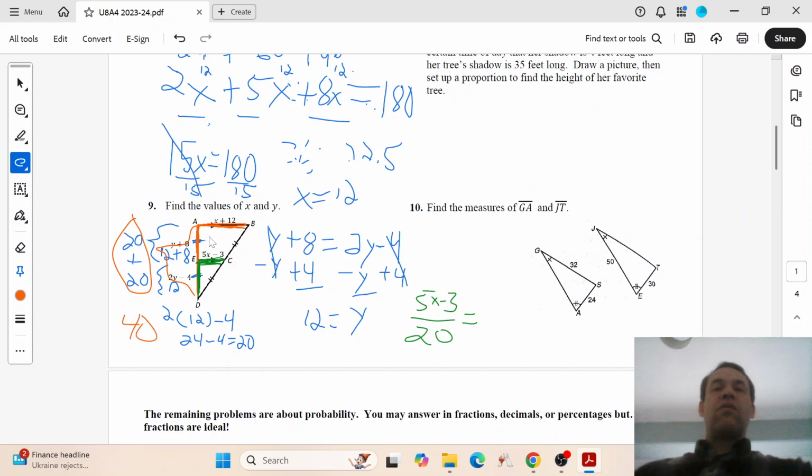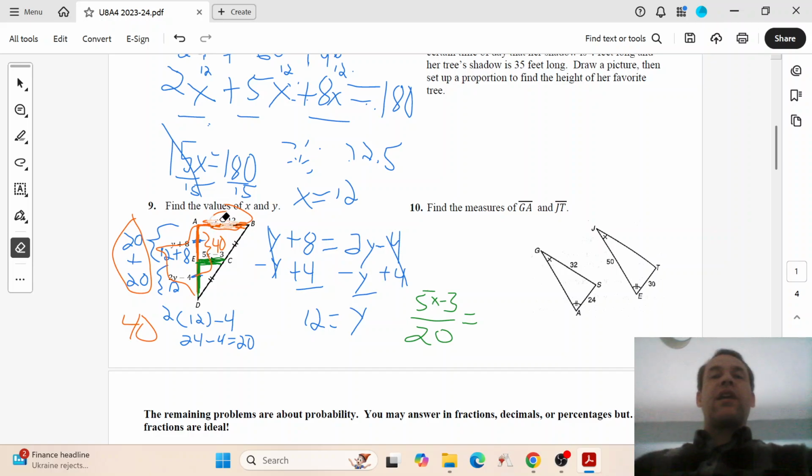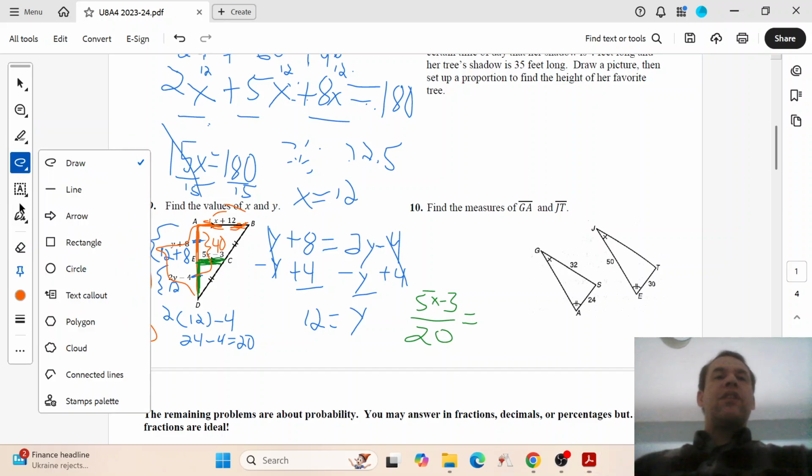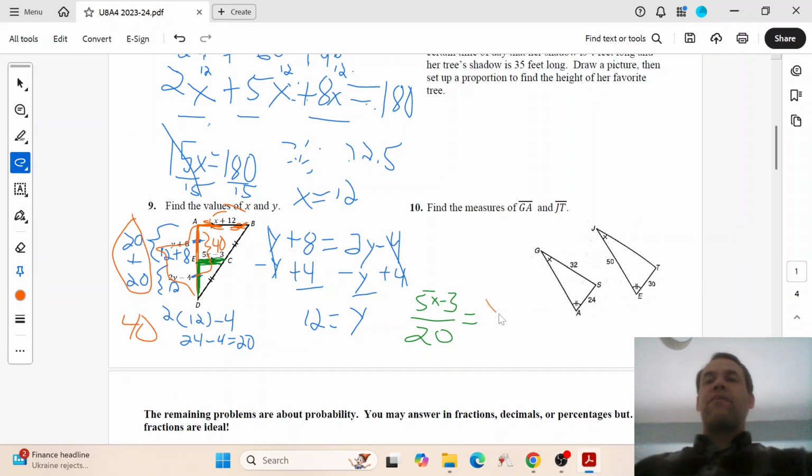And so that big thing there is 40 with the x plus 12. So we started with 5x minus 3 over 20, so now we have to do the top of the base, x plus 12, right here. So we need to do the x plus 12 now over its triangle side. And its triangle side is not just 20, it's the length of both the 20s.